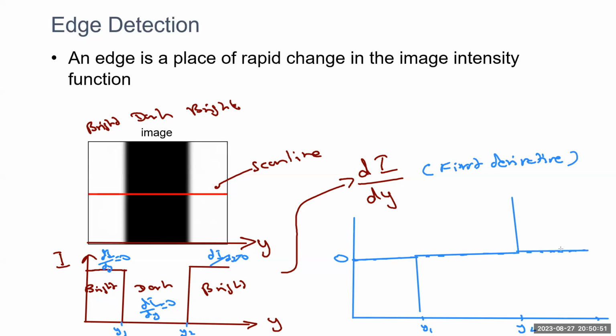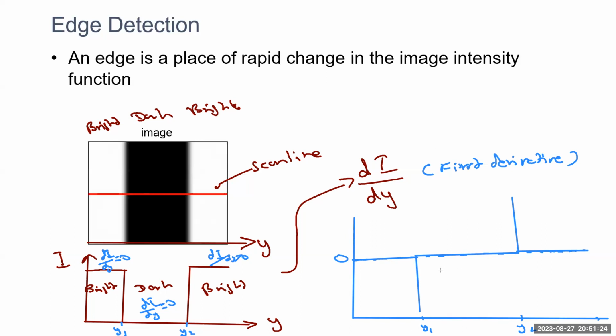Now you can see if you get the intensity of an image, and if you get the first derivative of the image and look for these sudden spikes, these correspond to the edges, right? So we can conclude that the edges of an image correspond to the extremes of the image's intensity function's derivative, right? So that's the whole idea.